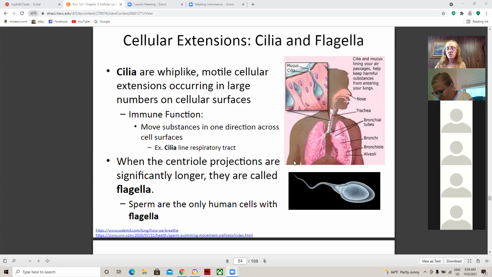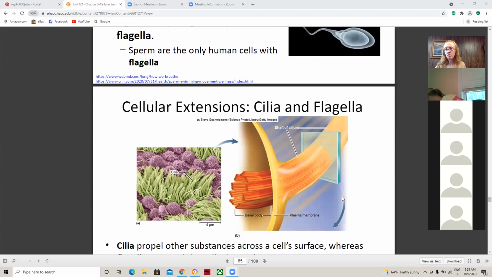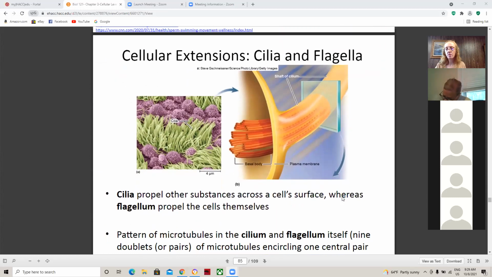When the projections are significantly longer, they're called flagella. The sperm cell is the only human cell that contains a flagellum.